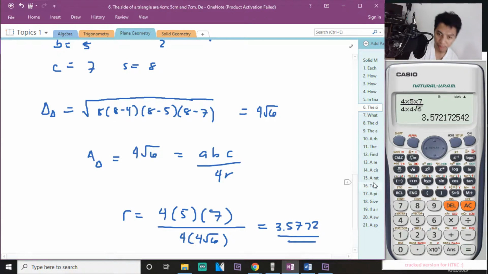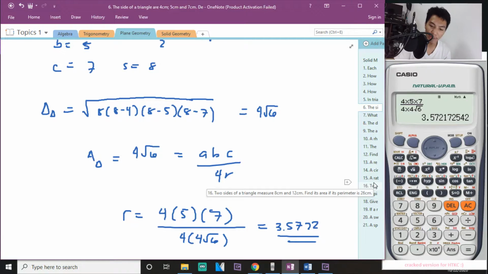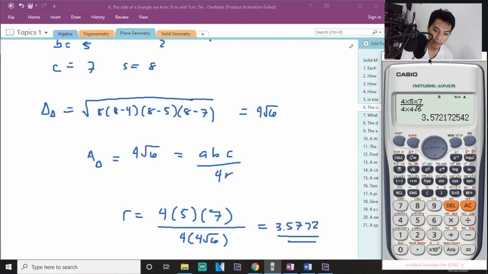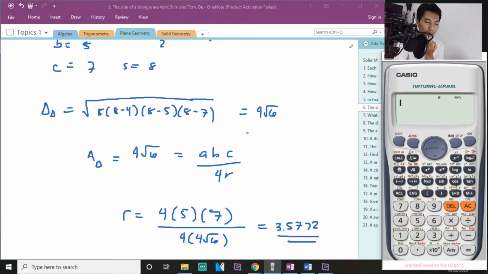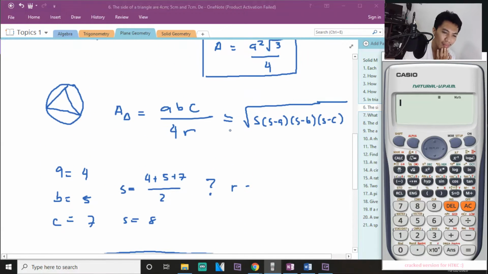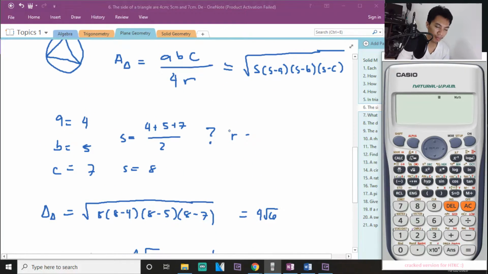Sir, paano pag-calculator? Okay, hold your calculators, my friends. Sir, di ba tinuro nyo sa amin yung technique nyo? Yes, tinuro ko sa inyo. Tandaan nyo, class.